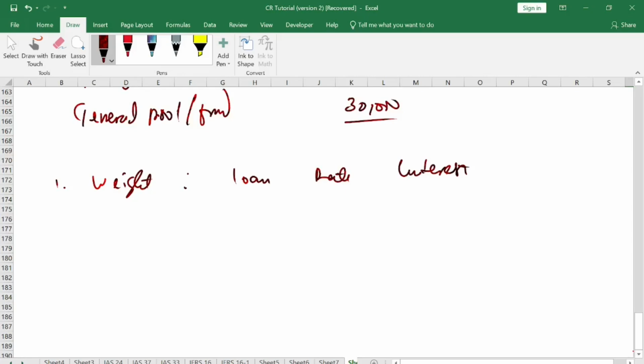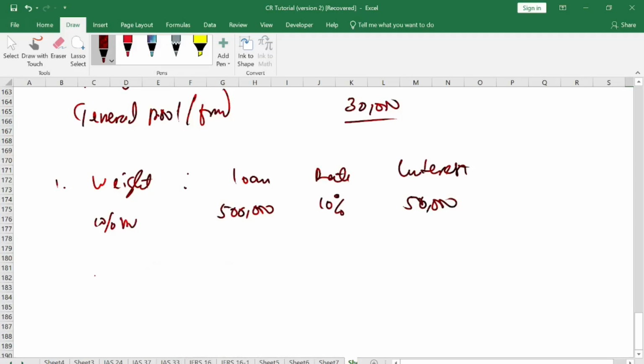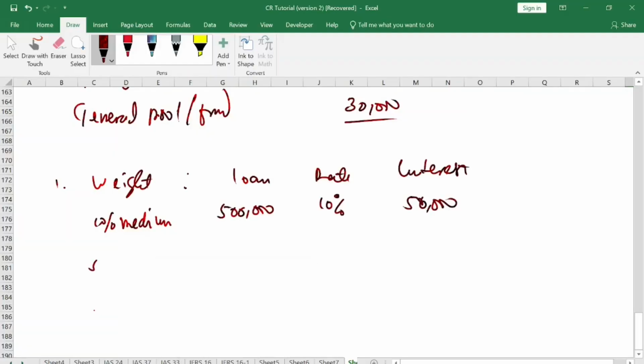The loan is 500,000 and the interest is 10%. So this gives 50,000. This one is the 10% long-term loan, medium term. And then the other one is the Barclays 5% overdraft. That one is 200,000.